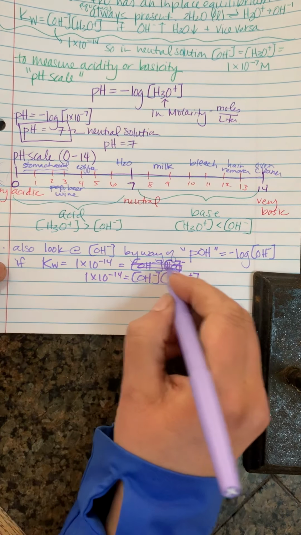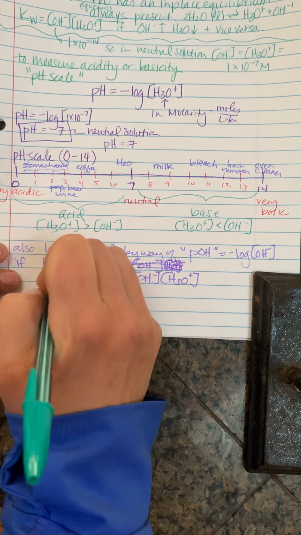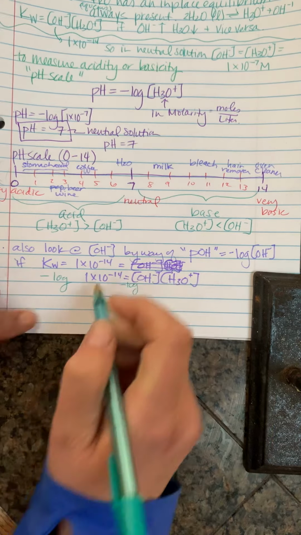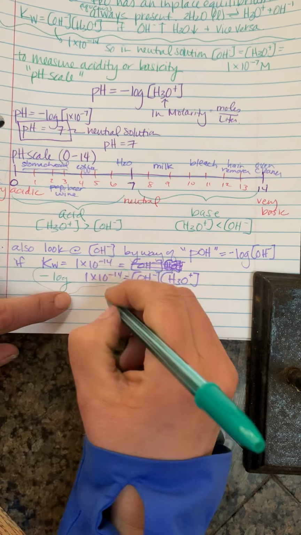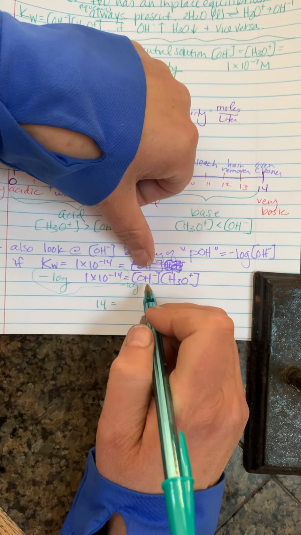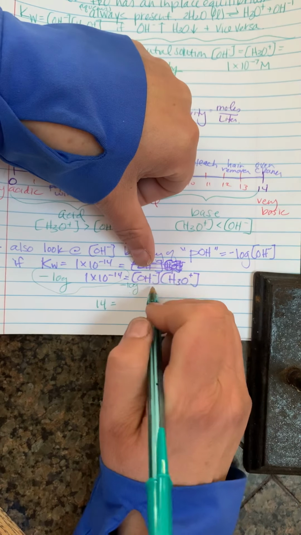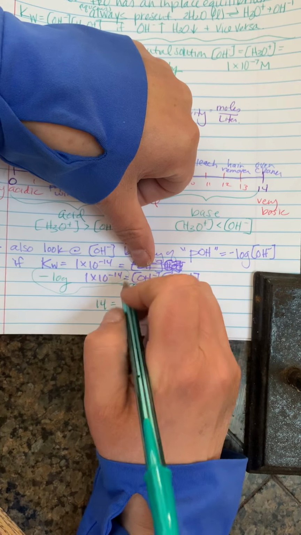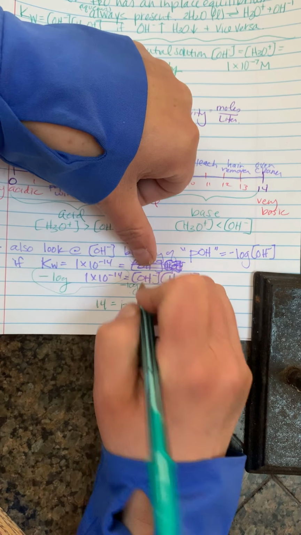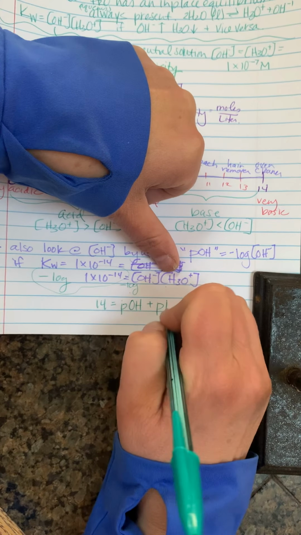If we do a math function to this, we take the negative log of both sides. Here, then, we get 14 is equal to the negative log of the concentration of the hydronium and the negative log of the concentration of the hydroxide. So negative log of this would be pOH, and the negative log of this would be pH.